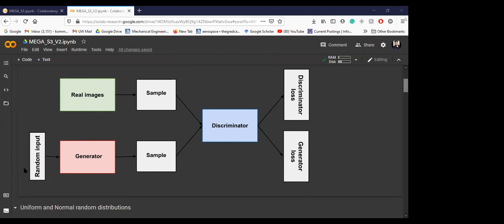So for the random input, I'm trying to use the uniformly random distribution. So essentially the generator is taking in points from a uniform distribution, and it is trying to produce a normal distribution sample, so that they won't be differentiated by the discriminator. And as always, we have the classification.